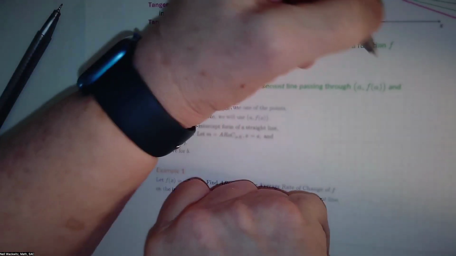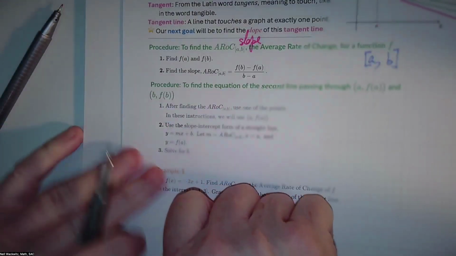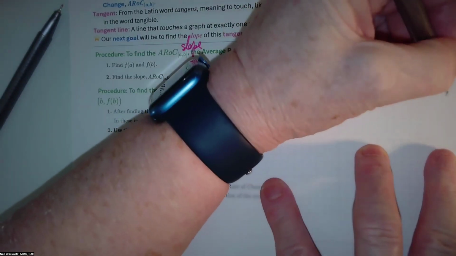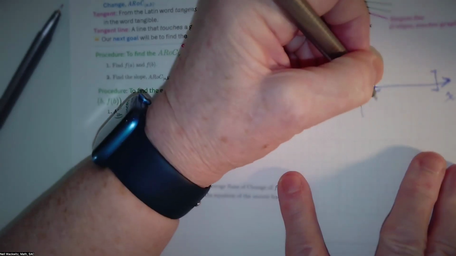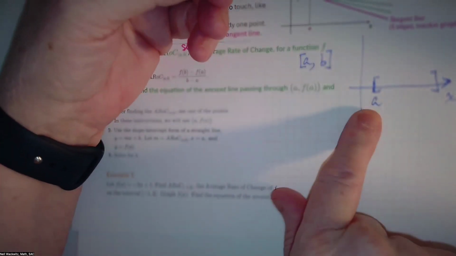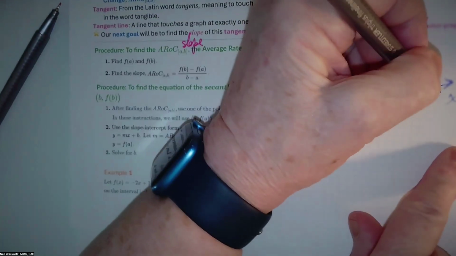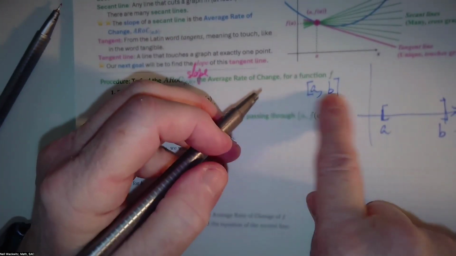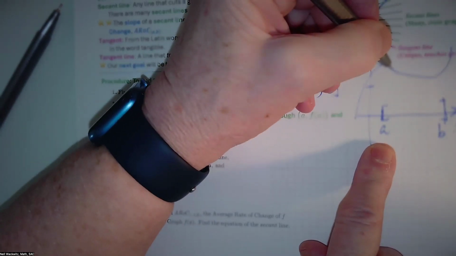So this notation, a comma b, those are both x values. We're saying a is at the beginning of our interval, b is the value of x at the end of the interval, and each of these values has associated function values.